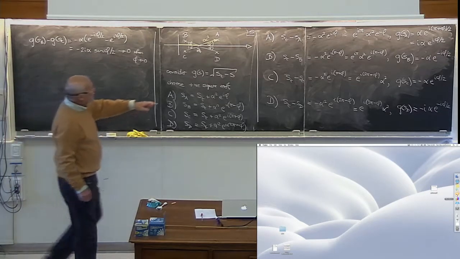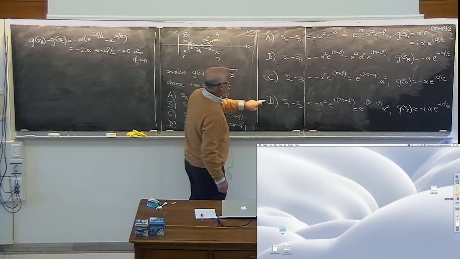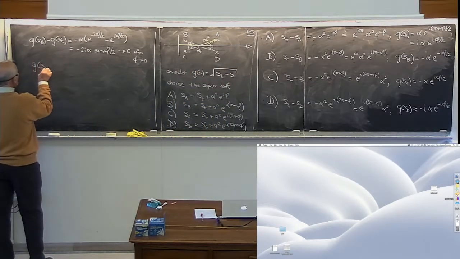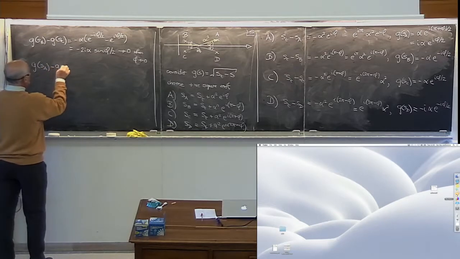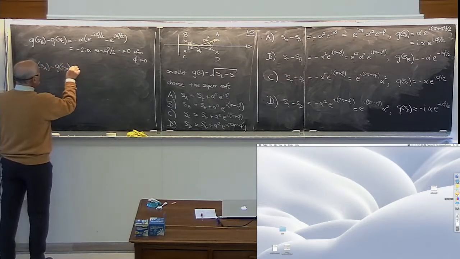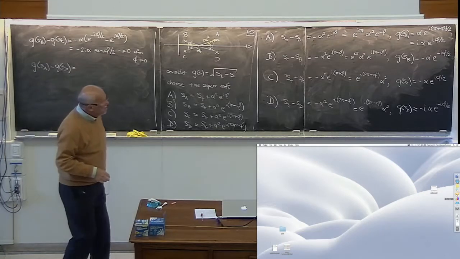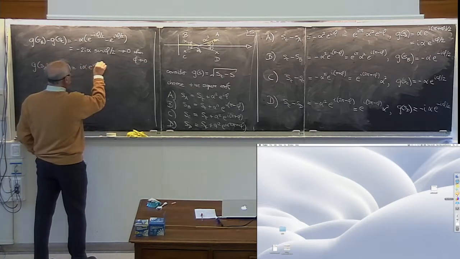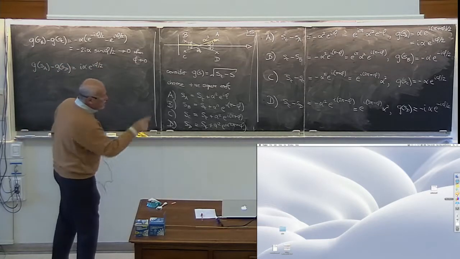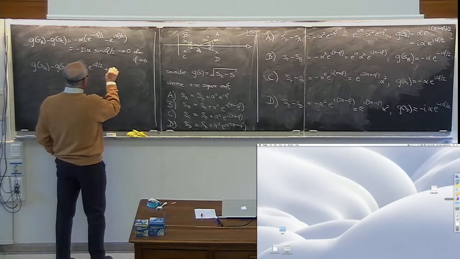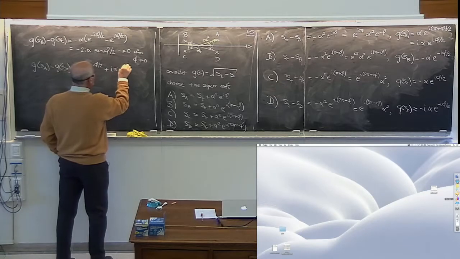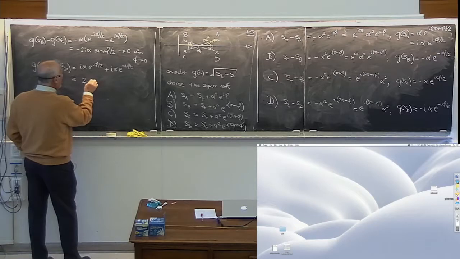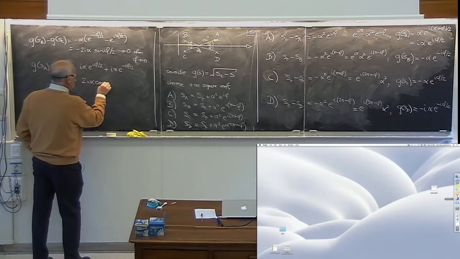But now let's take the difference between what happens at A and D. G of SA minus G of SD is equal to I alpha e to the I phi over 2 from the top one, and the bottom one is minus, so this is plus I alpha e to the minus I phi over 2, which is equal to 2I alpha cos phi over 2.